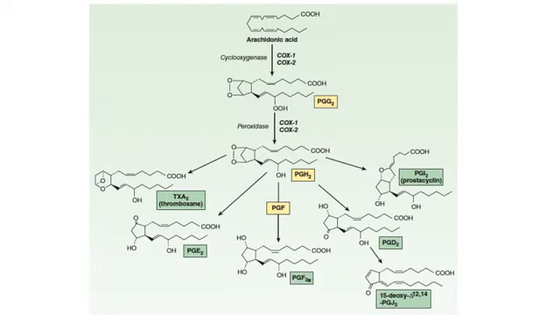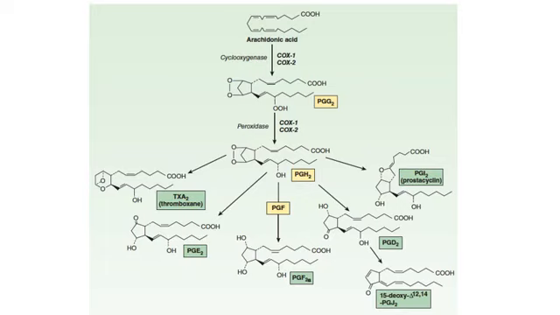Now, this diagram shows us, of course, you're not responsible to memorize this. This is basically for reading. This shows us more detailed steps in synthesis of prostaglandins. And all I want you to know here is that there are many types of prostaglandins, as you can see, and some prostaglandins may be precursors of other prostaglandins.